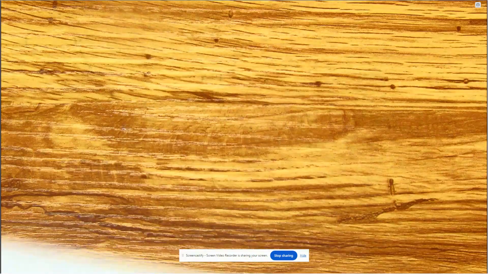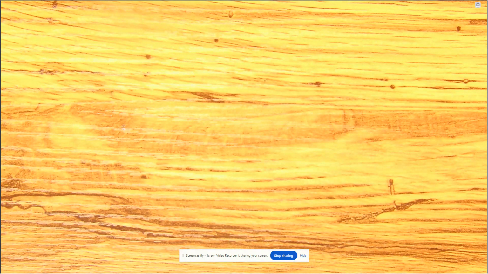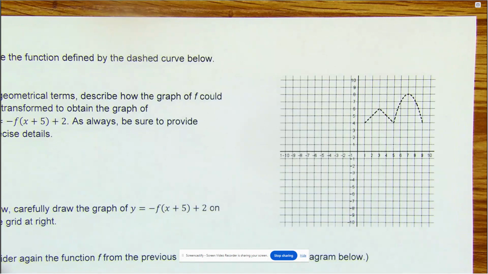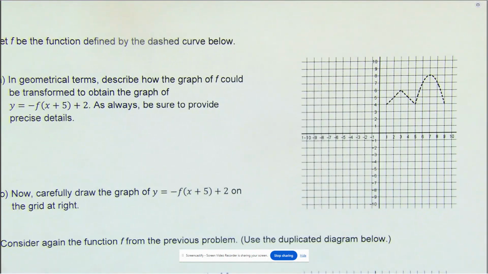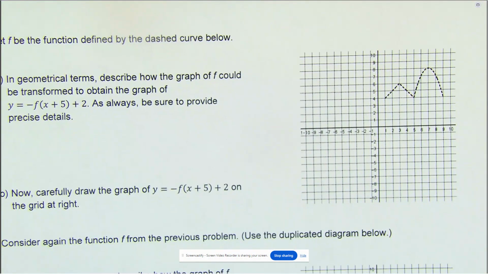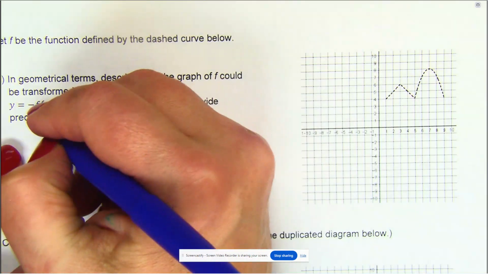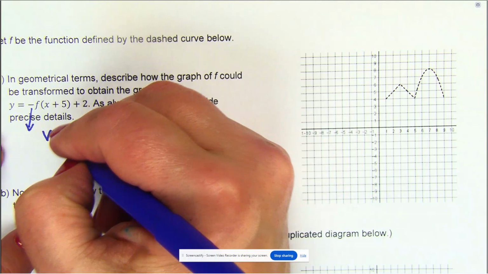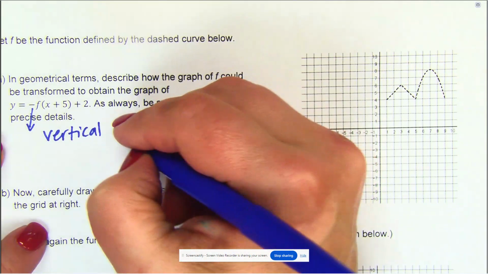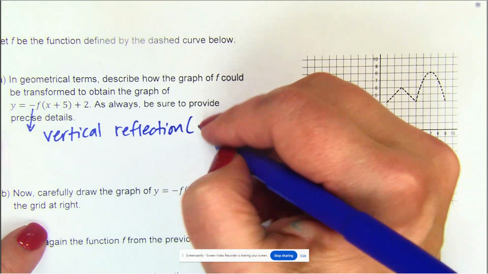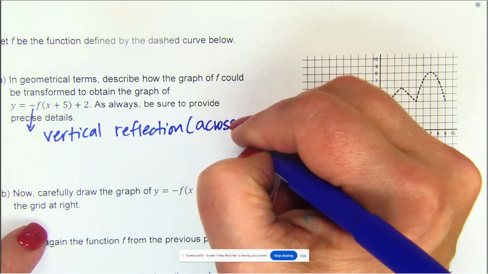All right, next one. Let f be the function defined by the dashed curve below. I'm supposed to describe what has happened. Now, they're not giving me the actual rule. They're just calling this graph f of x. So a negative in front is a vertical reflection, which means across the x-axis.